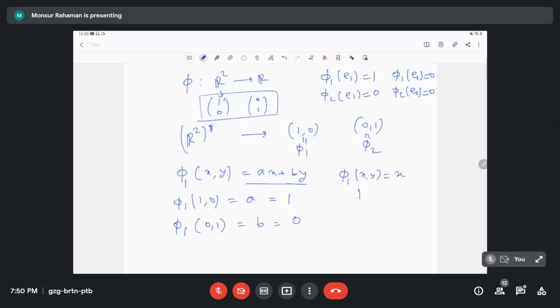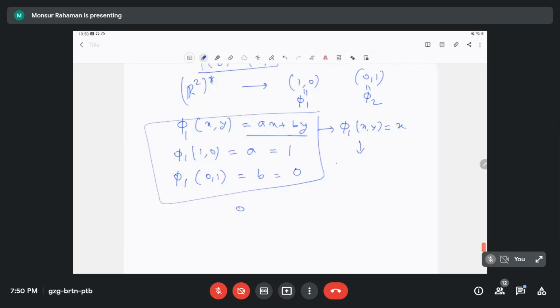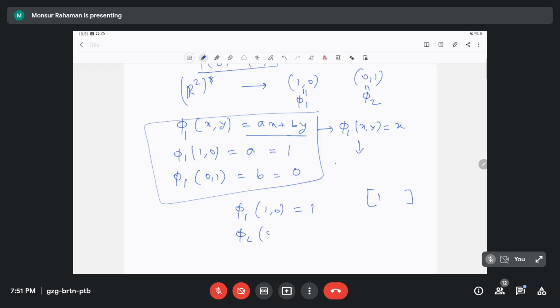So if we have to represent this as a matrix, what do we have to do? You have to send again. This is another algorithm, okay? But it seems the same. Send 1 0, which gives 1. So this is the first column. It will have only one element in the first column and in the second column.